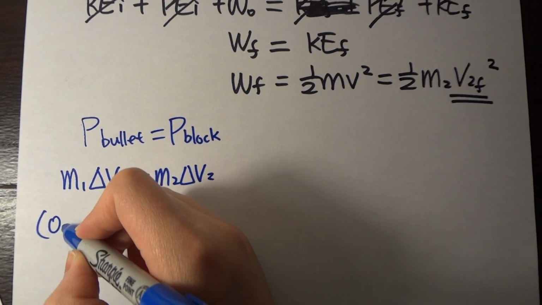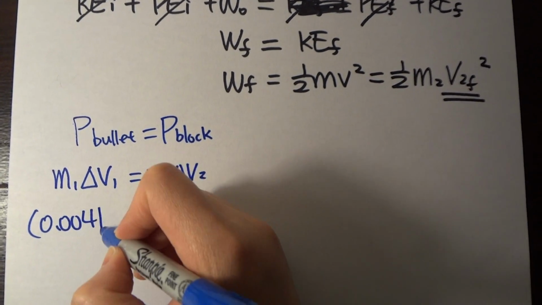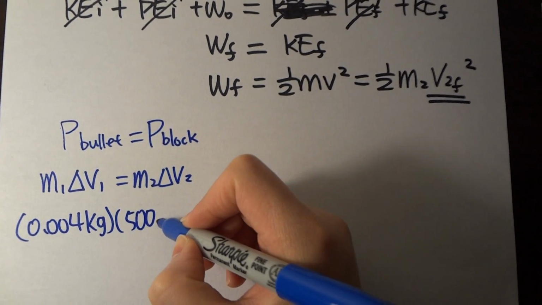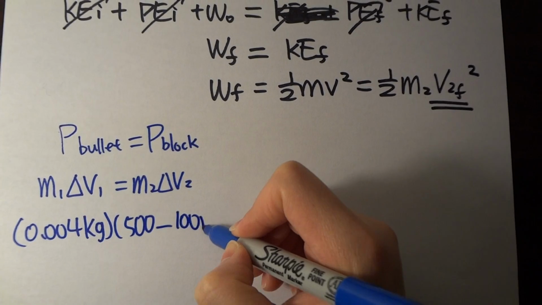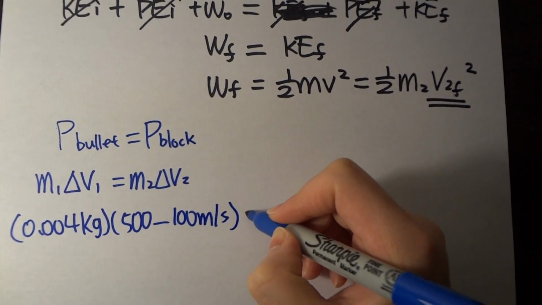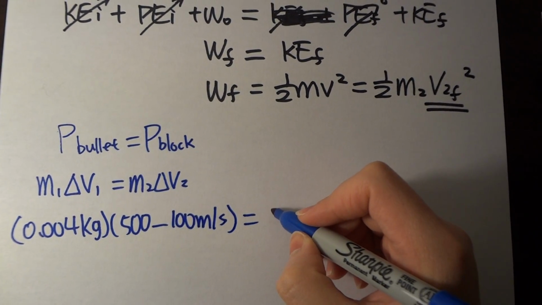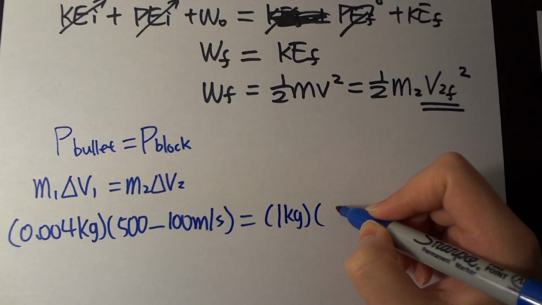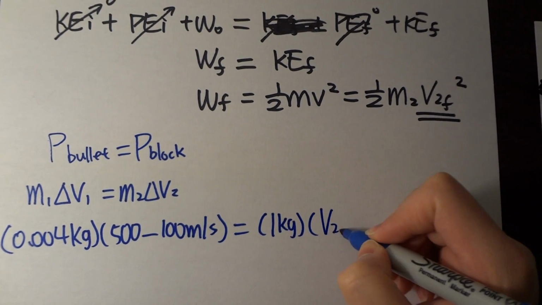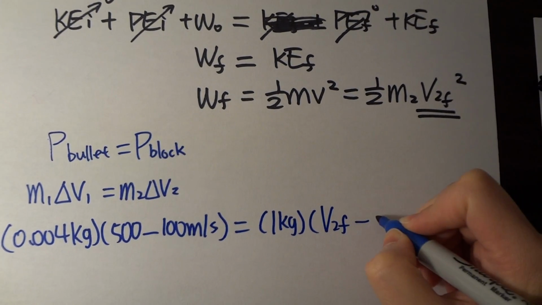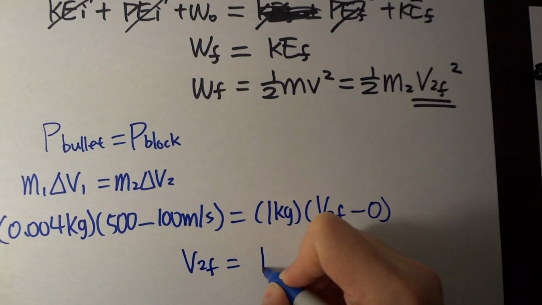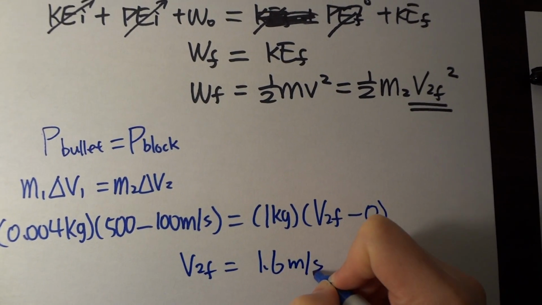The mass of the bullet is 0.004 kilogram. Change in velocity is 500 minus 100 meters per second. And the mass of the block is 1 kilogram. The change in velocity is V2 final minus 0. And we got V2 final is 1.6 meters per second.